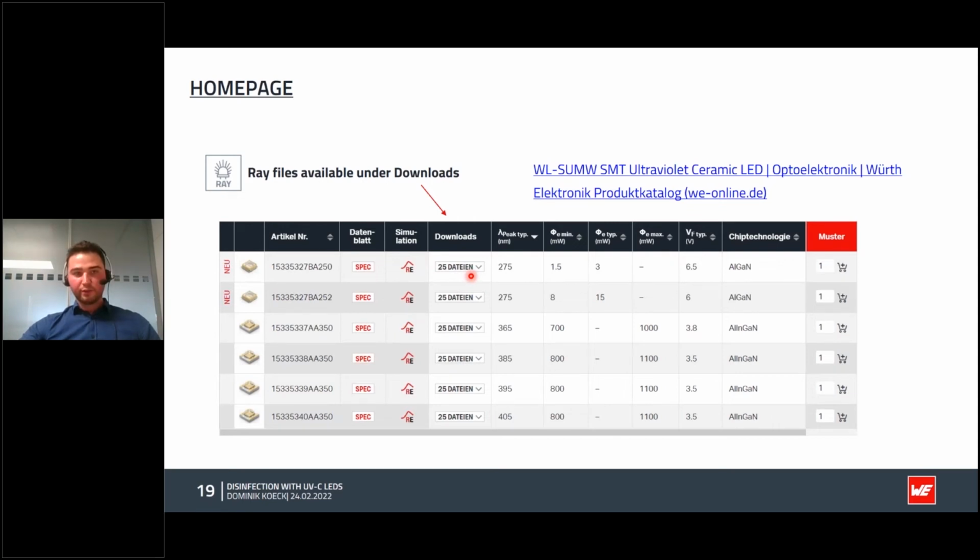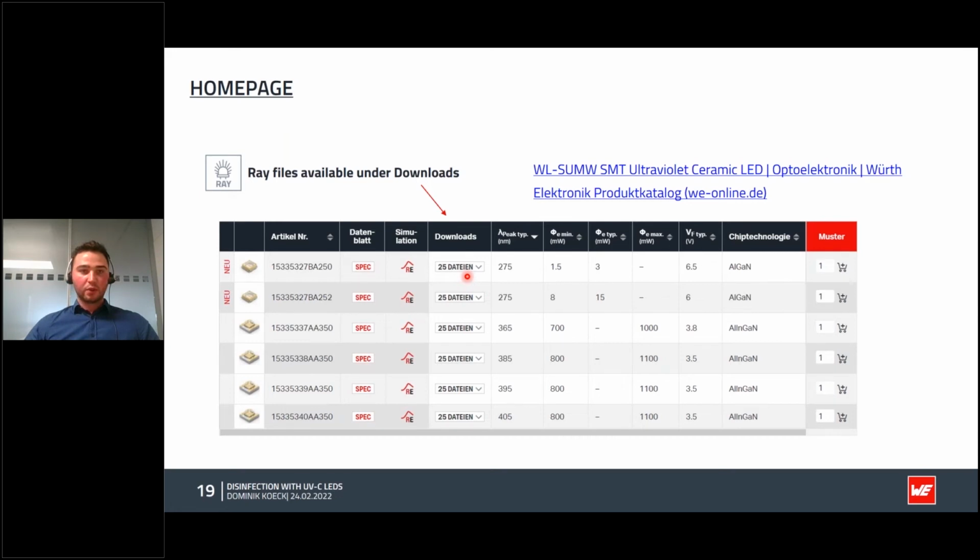We have those WAV files available for the UV LEDs, but also for other visible and non-visible LEDs in our portfolio. So if you have any applications where you could benefit from some kind of optical simulation, you can check out those other products and the other WAV files as well.